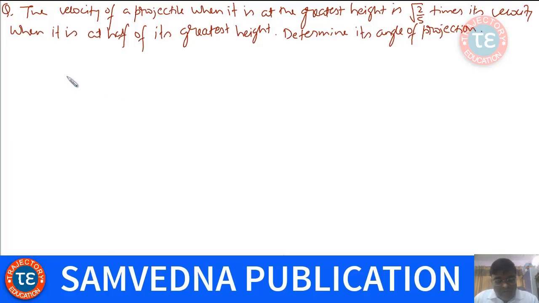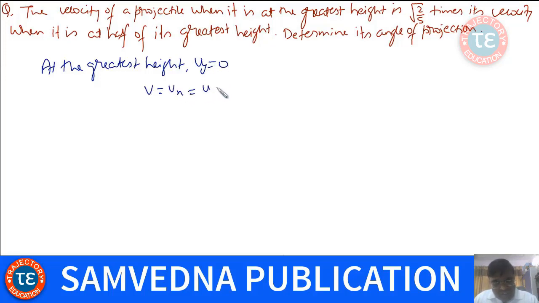See, we have the formula: at the greatest height, H max, your Vy is 0. So V is the same as Vx, and if U is the velocity of projection and theta is the angle of projection, then the velocity is U cos theta.